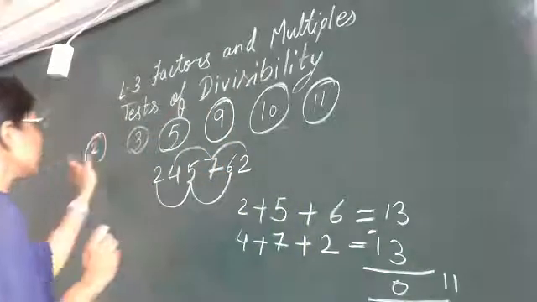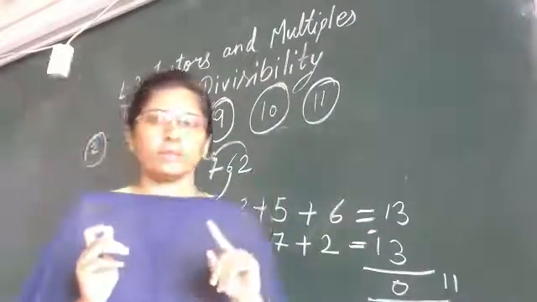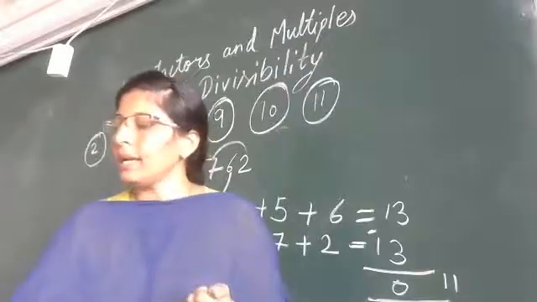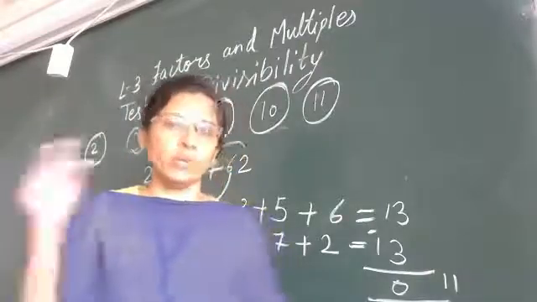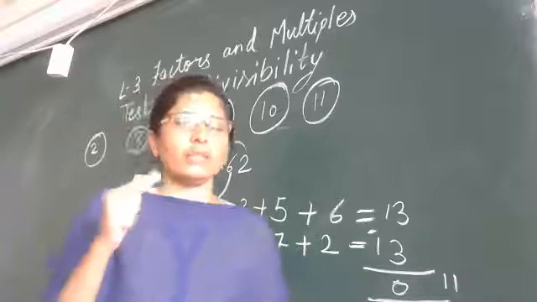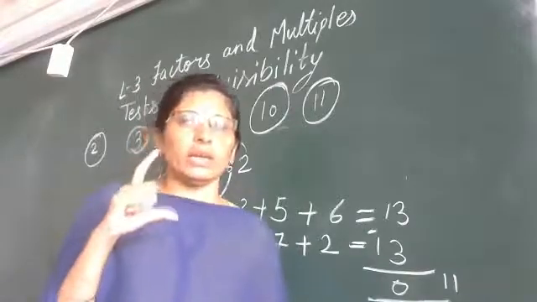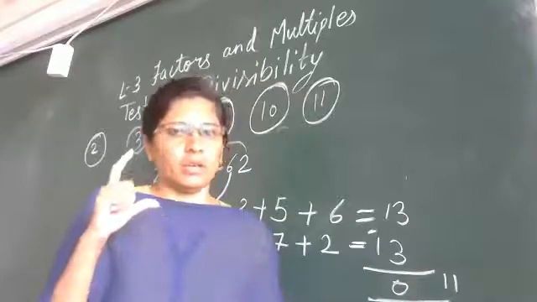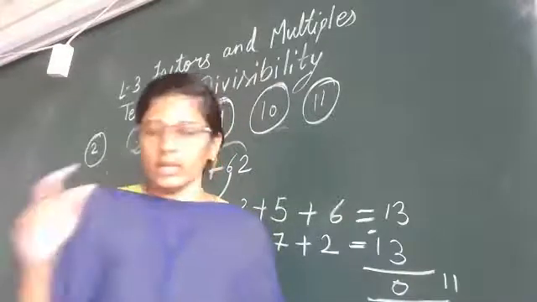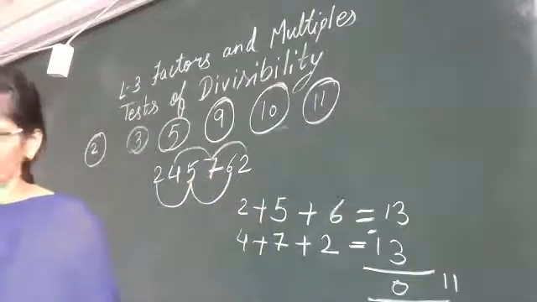Okay, so these are the divisibility tests. You can read them in the textbook, it is given. You can read it twice, thrice, and remember it. It is very important, the divisibility test. Understood?